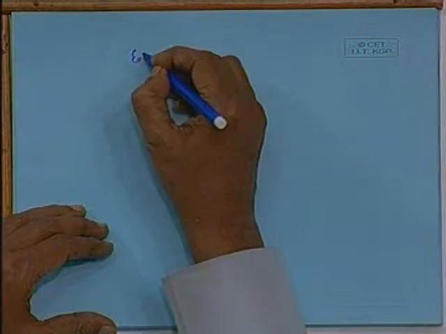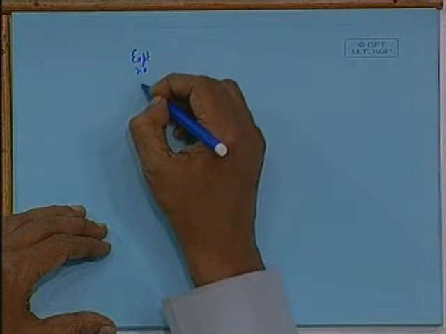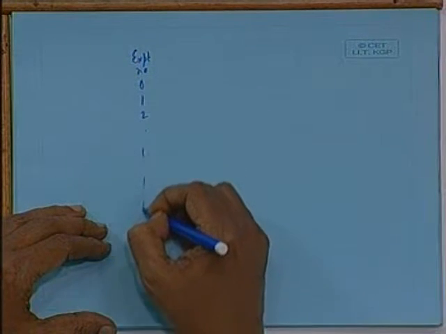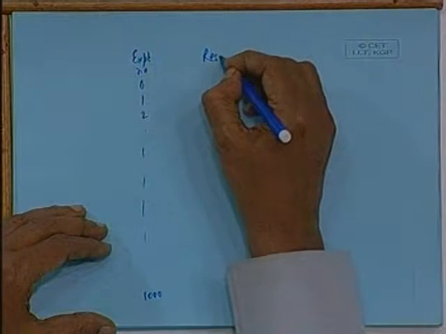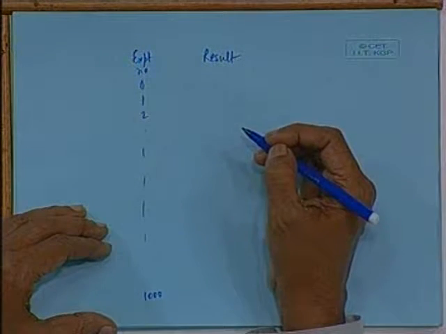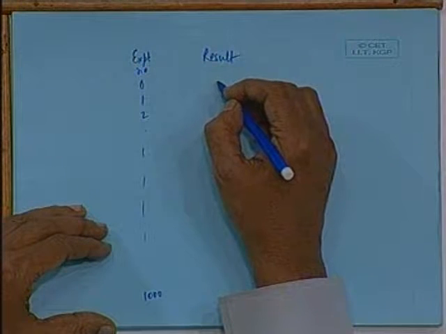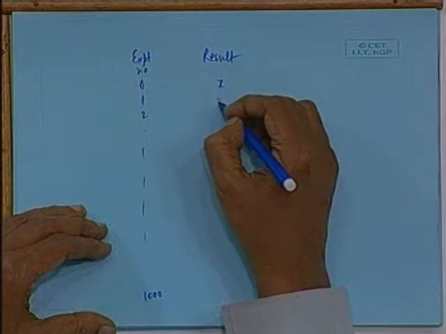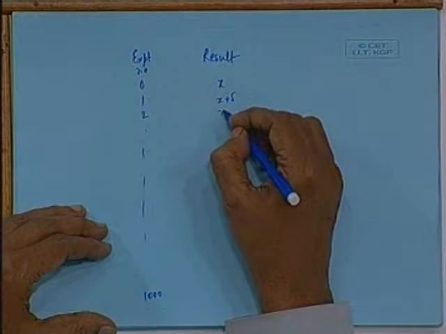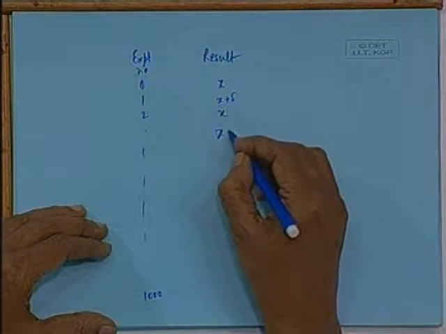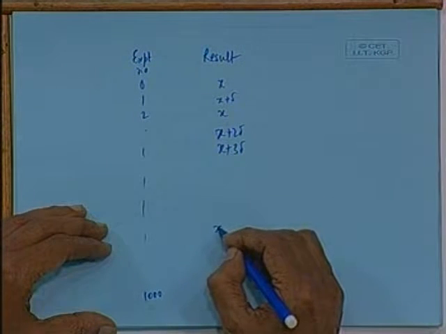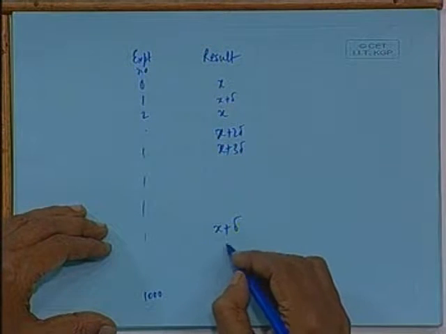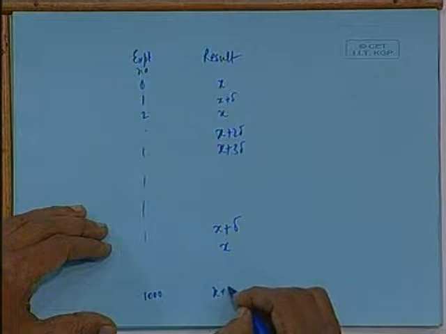So, what will happen? If I write the experiment number 0, 1, 2 like that up to 1000, and I write the result, how will the result show? It will show some value x plus delta, this may repeat itself x, this may be x plus 2 delta, this may be x plus 3 delta, this may be x plus delta, this may be x, this may be x plus 5 delta.